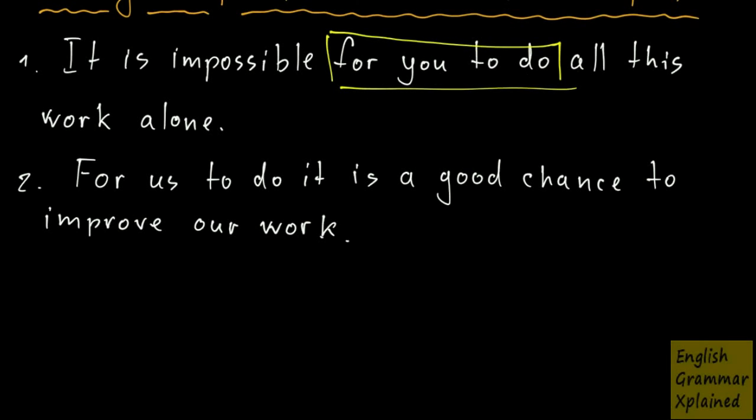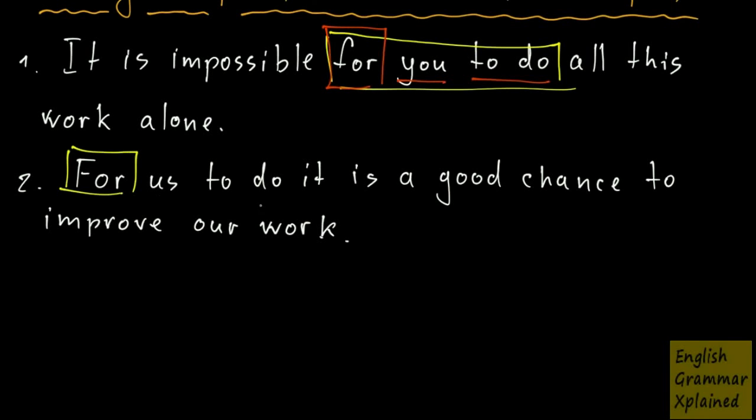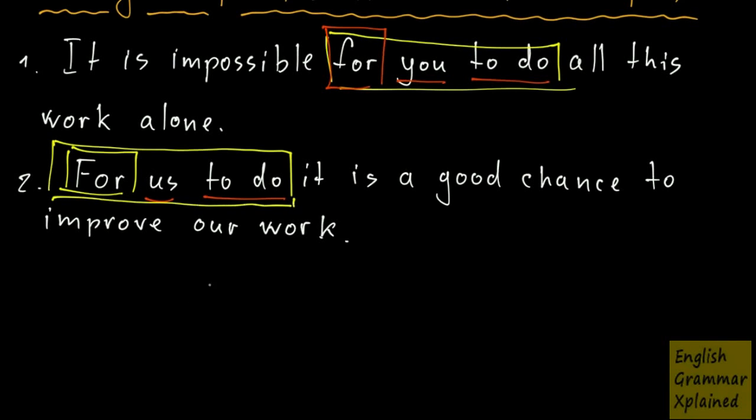Well, the main thing here is for, then object, and then the other object. So, in my sentence here, in the second one, I have for, then first object, and then the second object. And this is it. This is my for-to-infinitive structure.